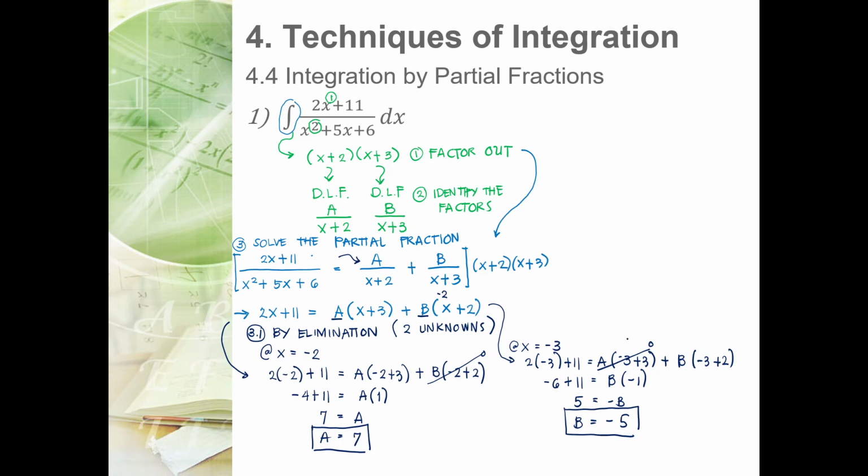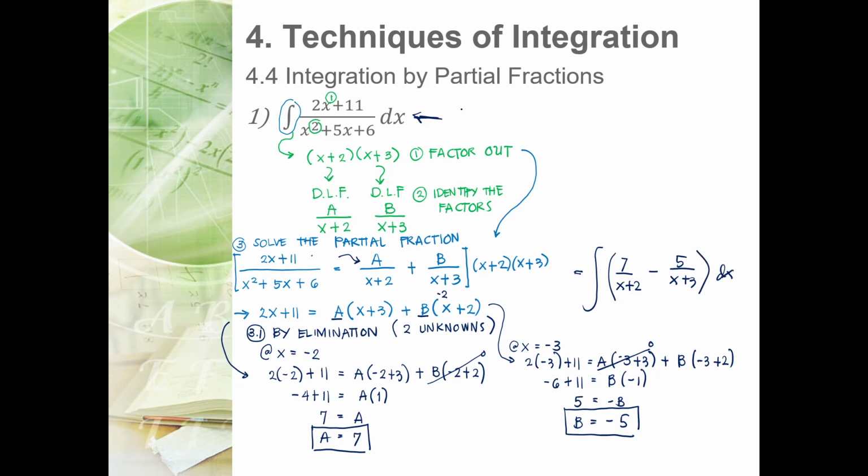So if you're going to write your equation now, it becomes the integral of 7 over x plus 2 minus 5 over x plus 3 dx.